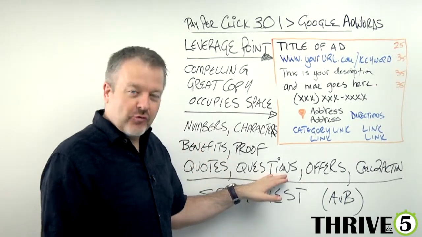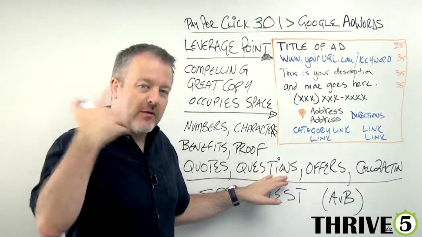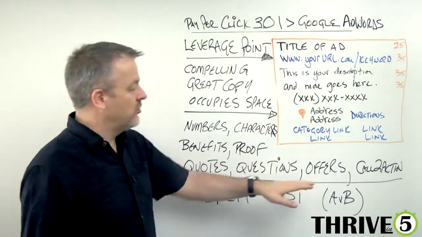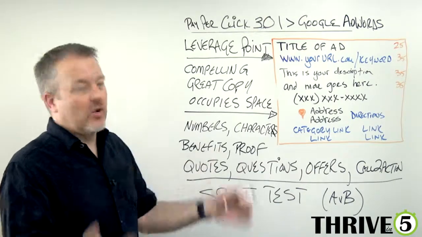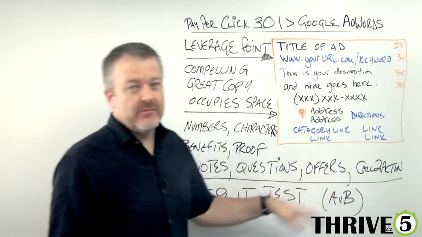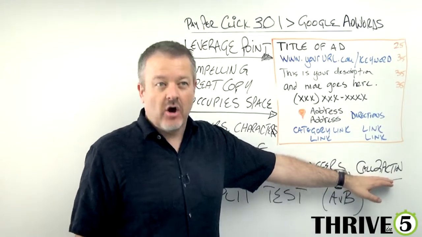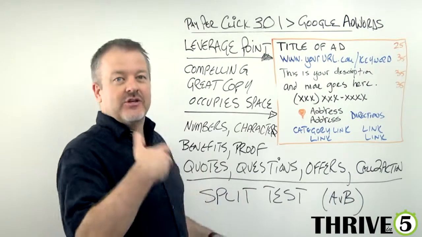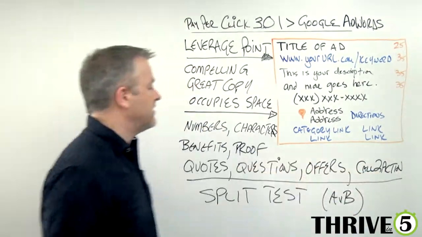Questions can be extremely powerful, because what a question does is trigger a mind to have to respond to it. Offers, it could be a one-time offer, it could be a low-price offer, but offers can be a compelling way to get people to click your ad. And finally, you can use a call to action: call today, click today, things that force people to go, okay, that's what I need to do.